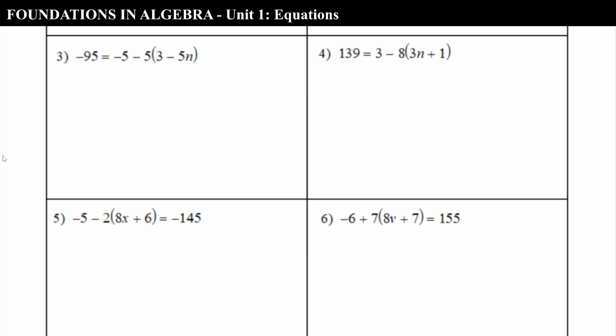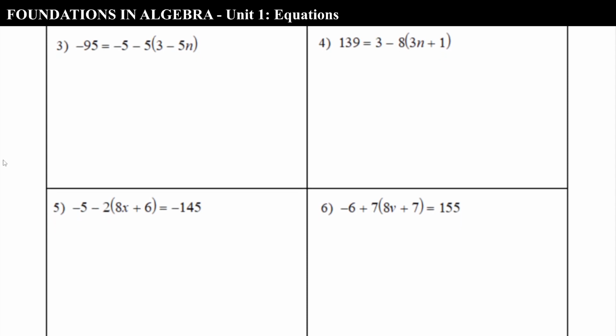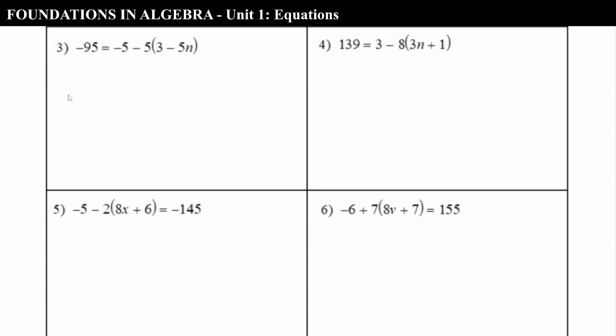All right, number 3. Let's see what we have for number 3 here. So we have negative 95 equals negative 5. Now we're going to distribute here. Negative 5 times 3 is negative 15. Negative 5 times negative 5 gives us positive 25n.